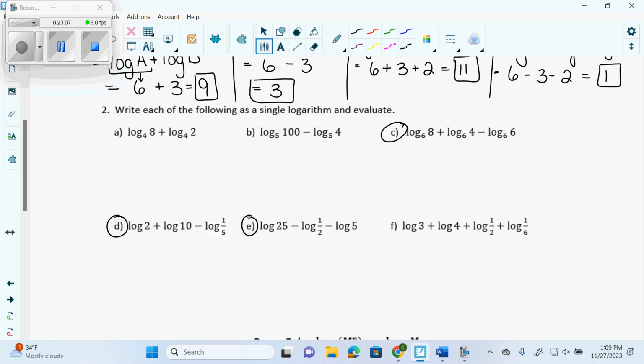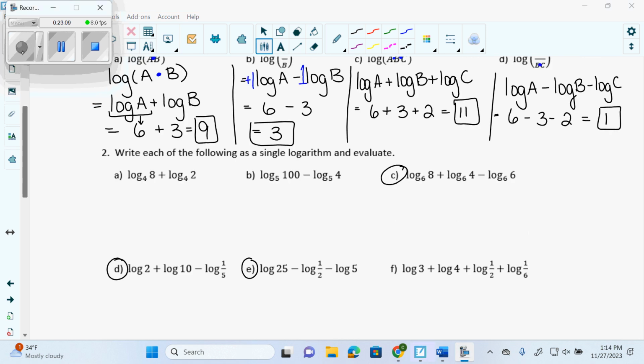Go. So the rule is, if they have the same base, and have plus or minus ones in front, you can put them together by multiplication and division. It's a formula on your formula sheet. So, if this one has log base 6, log base 6, log base 6, we're already getting there, correct? All the same base, which is what we need.